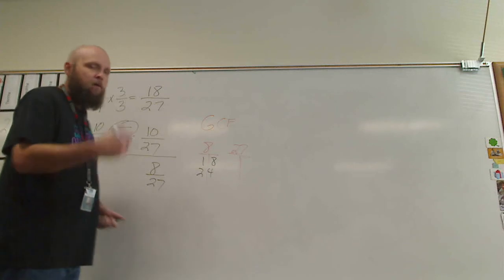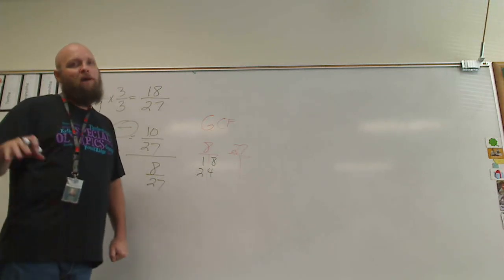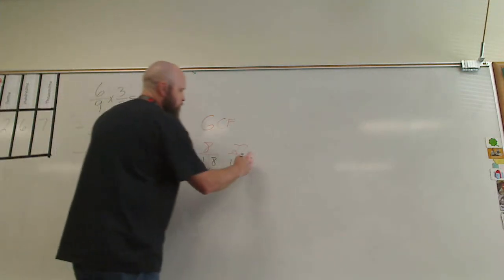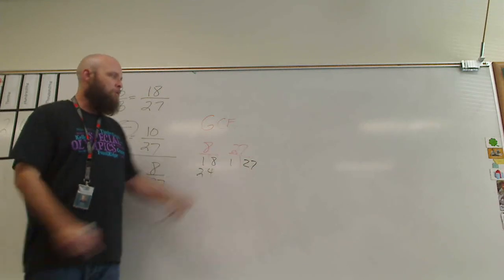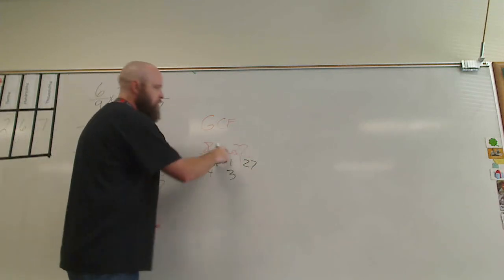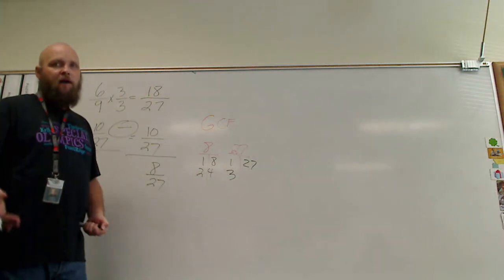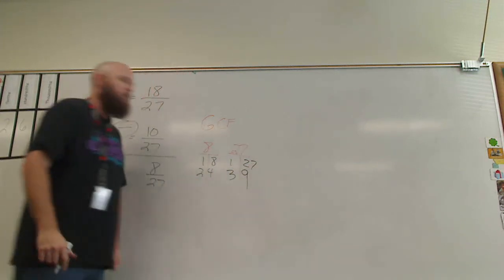Couldn't do it. 27. Now some of you are going to think 27 is a prime number. It's not. For our divisibility rules, we already know it's 1 and 27. If you use your divisibility rules, the divisibility rule for 3 says if you add the two numbers together, 2 plus 7 equals 9, and 3 goes into 9. So that tells me 3 times 9.